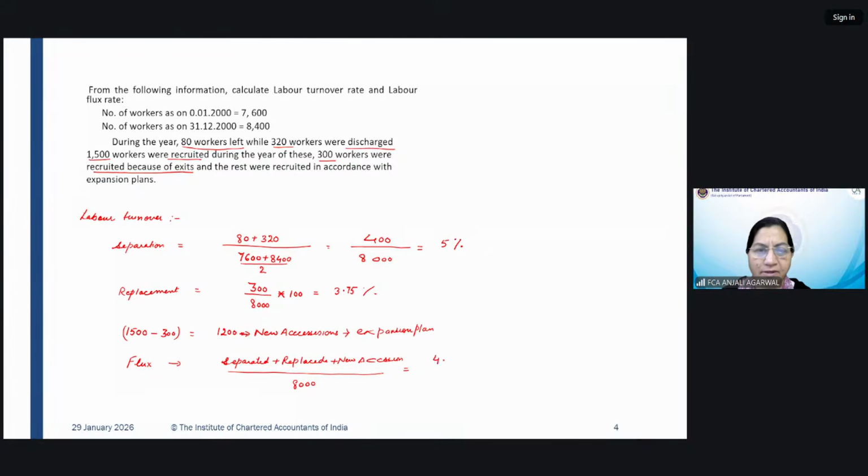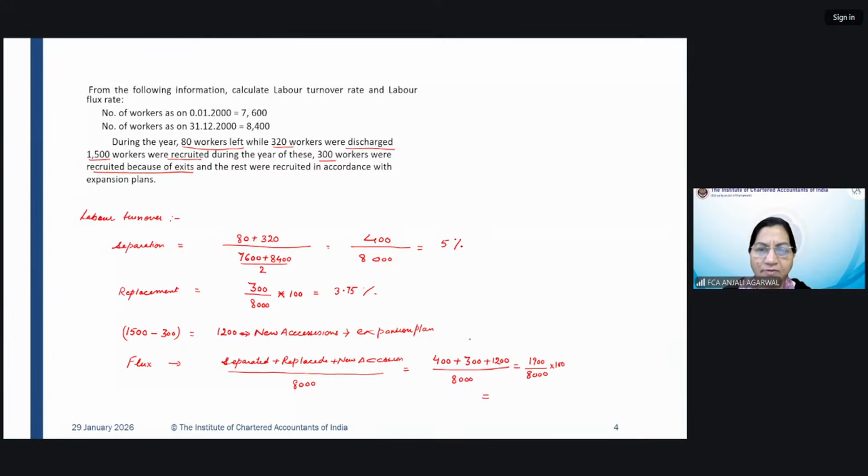So 400 plus 300 plus 1,200 on 8,000. 1,900 on 8,000. This would be the rate of flux.